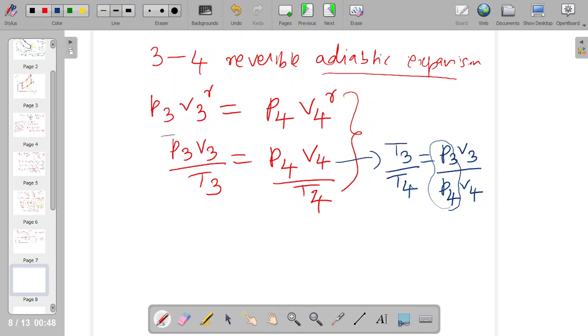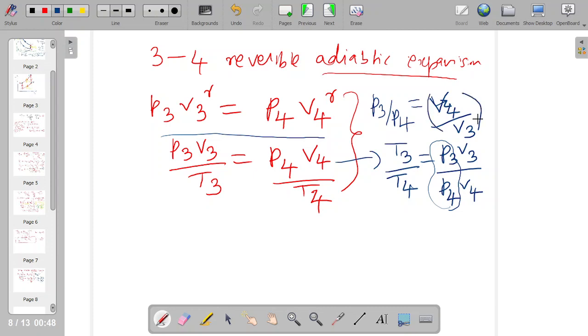So from this expression we will get P3 by P4 as V4 by V3 raised to gamma. Now substitute that here.